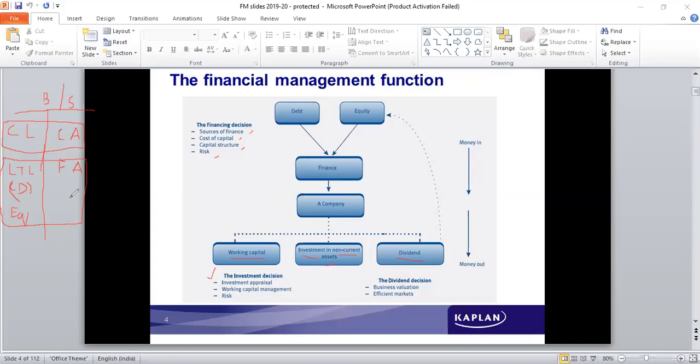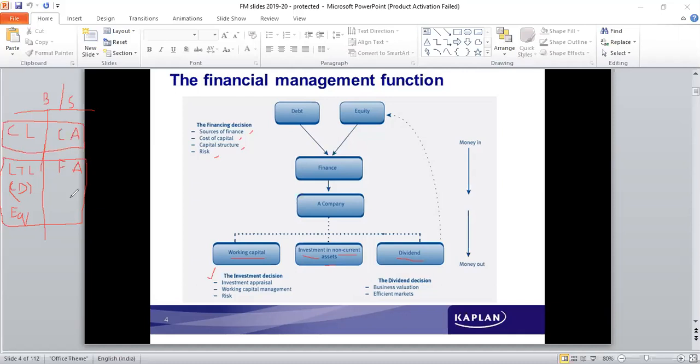Roughly, I'll just talk about simple points. The return which can be earned from fixed assets is higher than the return earned from current assets. So how much should be invested in current assets and how much in fixed assets is a decision which has to be taken based on the return aspect of it.